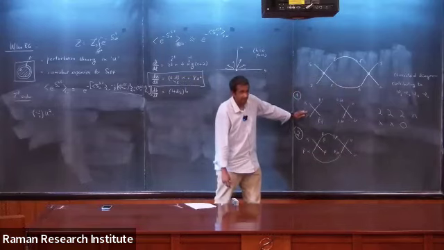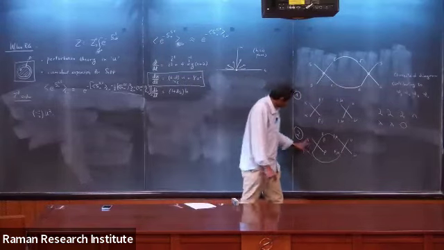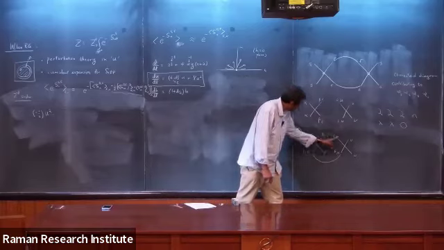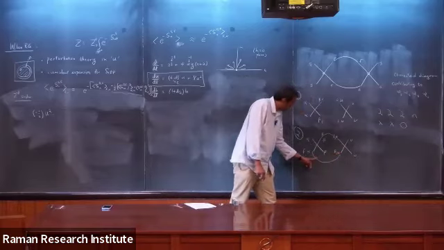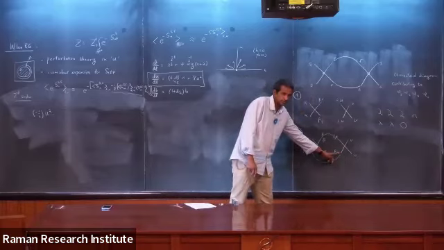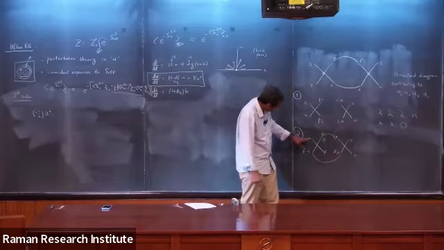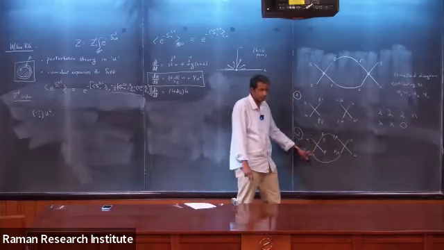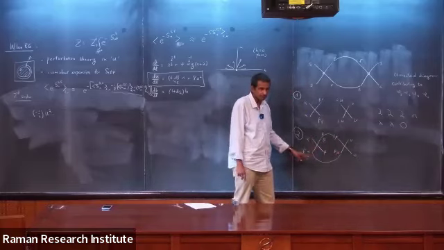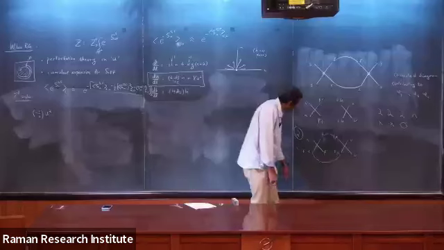What are we going to get from here? We get that beta has to be equal to mu. Alpha has also got to be equal to mu. So alpha, beta, mu are not independent anymore, but you get one free variable.